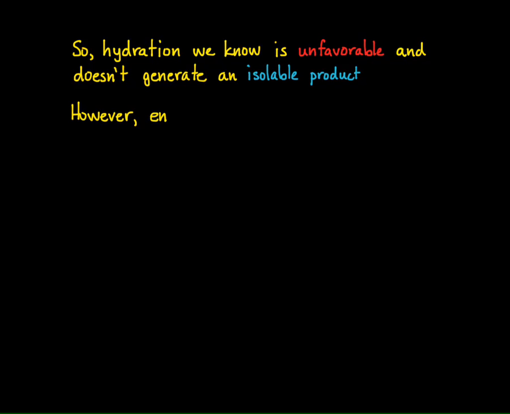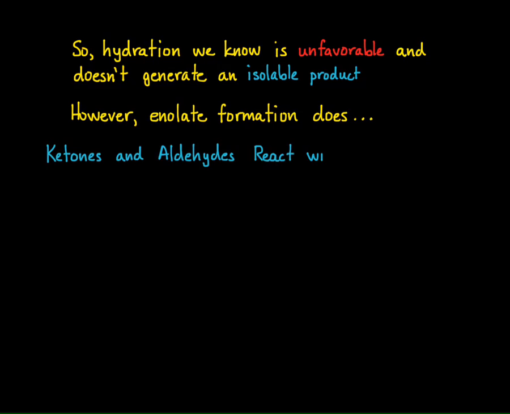However, when the enolate forms, a reaction actually can occur. And we're going to explore this with various types of carbonyl compounds. So let's look first at how ketones and aldehydes can react with their enolates.